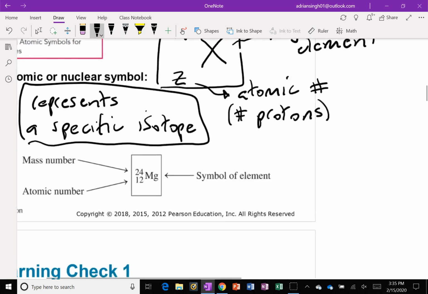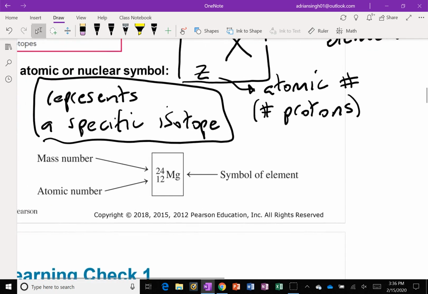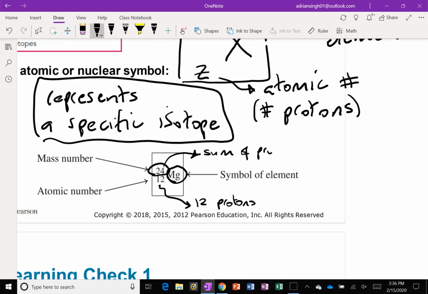So the example that we see here underneath is for magnesium, right? So Mg is the symbol, and then the atomic number 12 down here tells us that we have 12 protons, and then the 24 is the mass number. This is the sum of the protons and the neutrons.